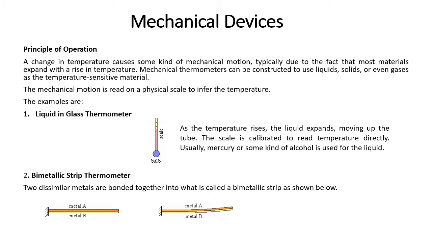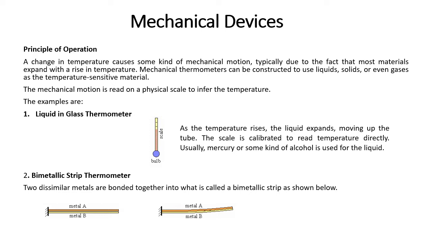The first device used in temperature measurement that we will discuss is the mechanical device. The principle of operation is quite simple. If you heat any material, be it solid, liquid or gas, with the increase in temperature it expands in volume. This same principle is used in mechanical devices.